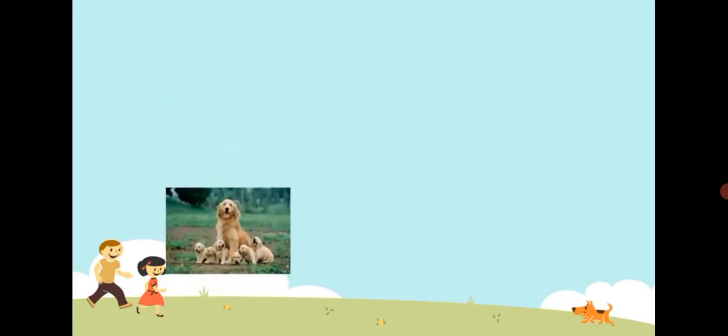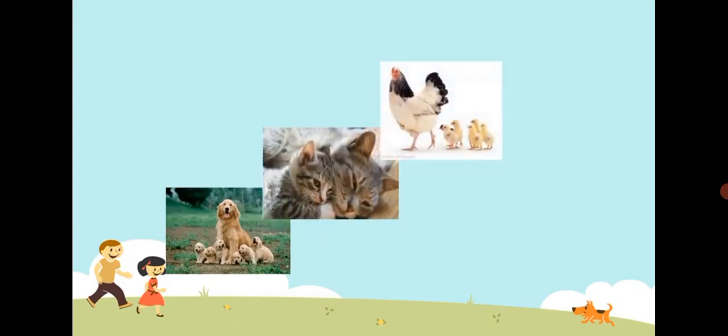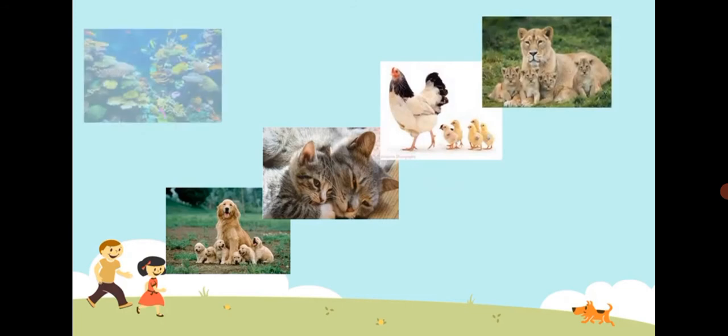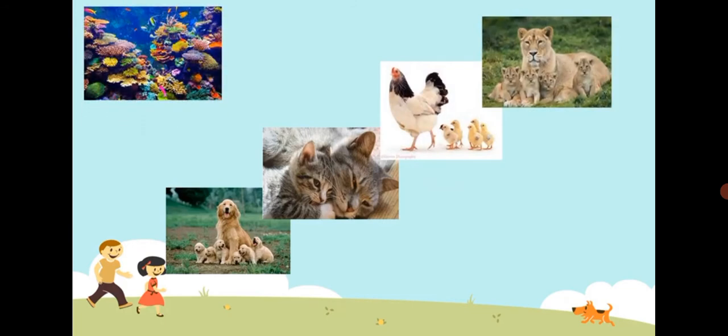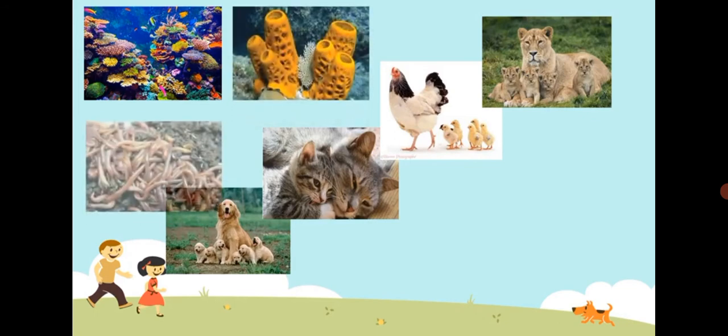Okay, so now, dear students, I want you to take a minute and think about some of the animals which are present on the earth, some of the familiar organisms which definitely come to your mind, that is dogs, cats, chicken or lion, and some organisms which might not be as familiar to you, but you have heard the name, like sponges, corals, worms.